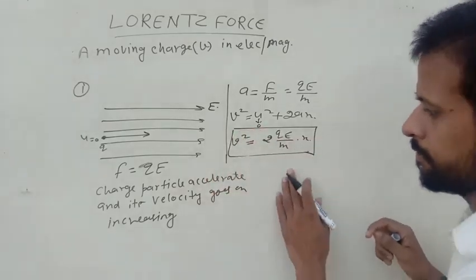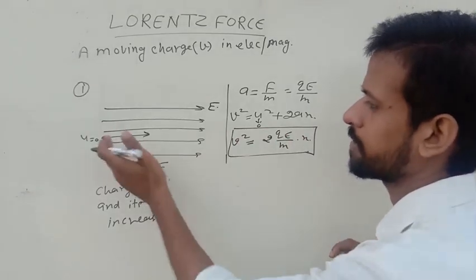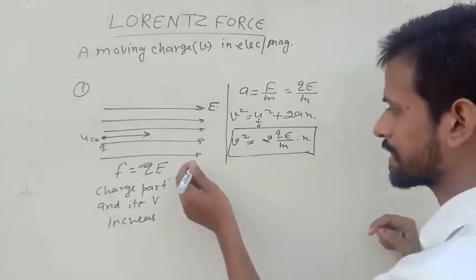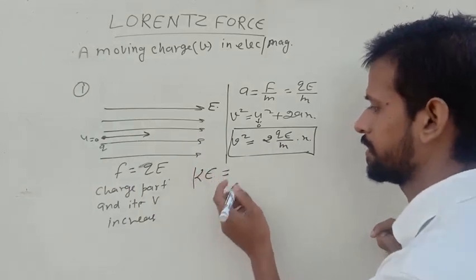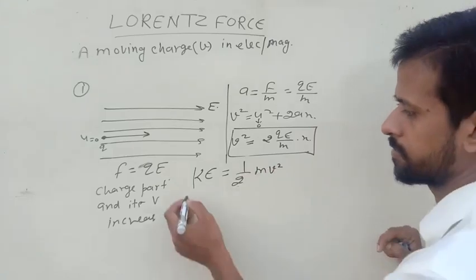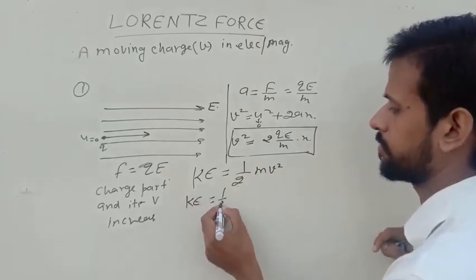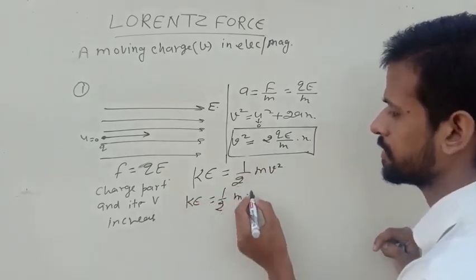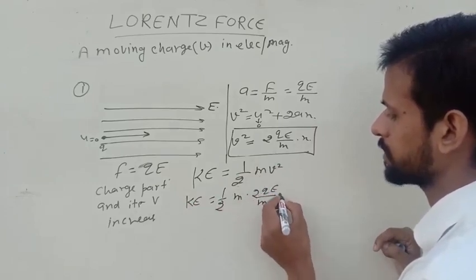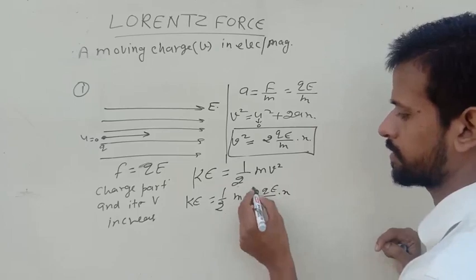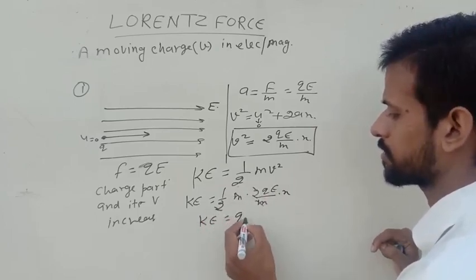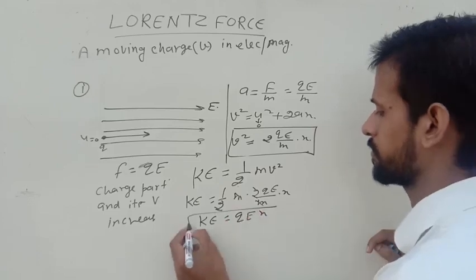Now if force is applied on this and its velocity goes on increasing, then what will be the kinetic energy of this charged particle? So we know that kinetic energy is half mv square. So this is half m, and v square is 2QE by m into x. So this 2 and m cancel. Kinetic energy is equal to QE into x.